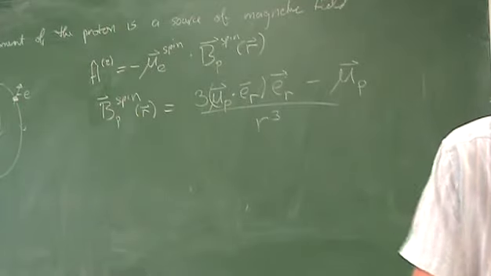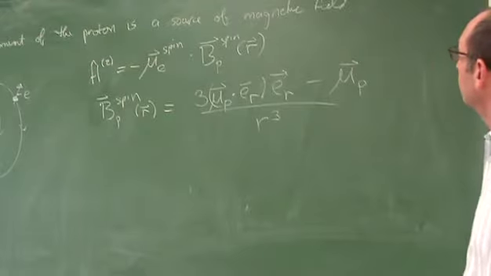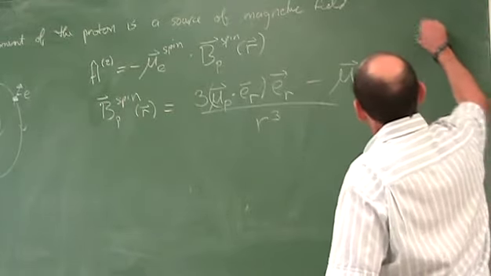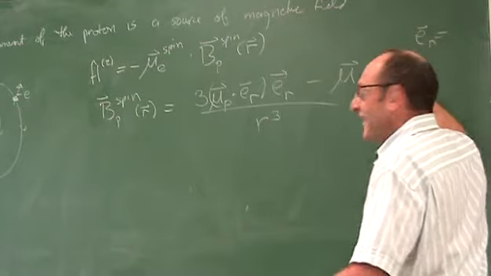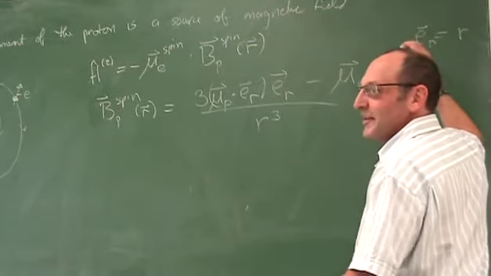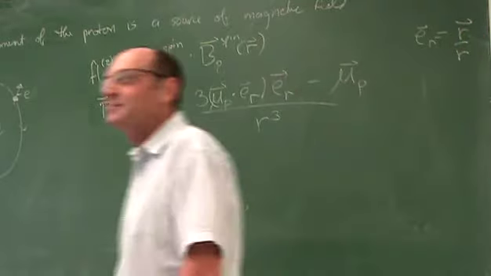Just check something: e_r is just the unit vector? Yes, e sub r. I don't like to put r hat because r hat means something else, so I always use unit vectors with little e's, like out of Jackson's textbook.